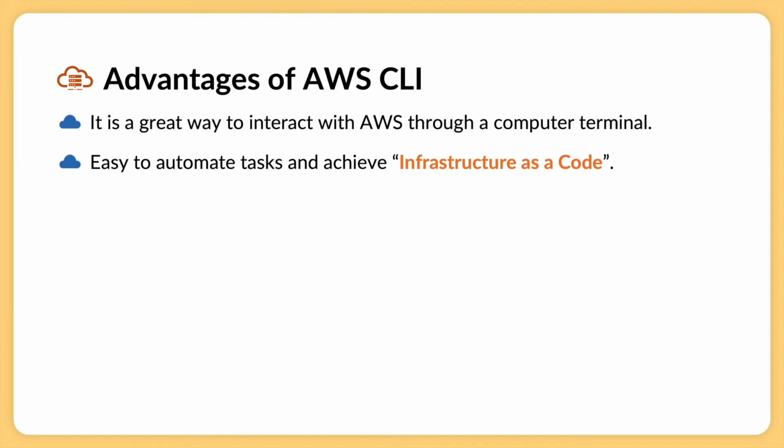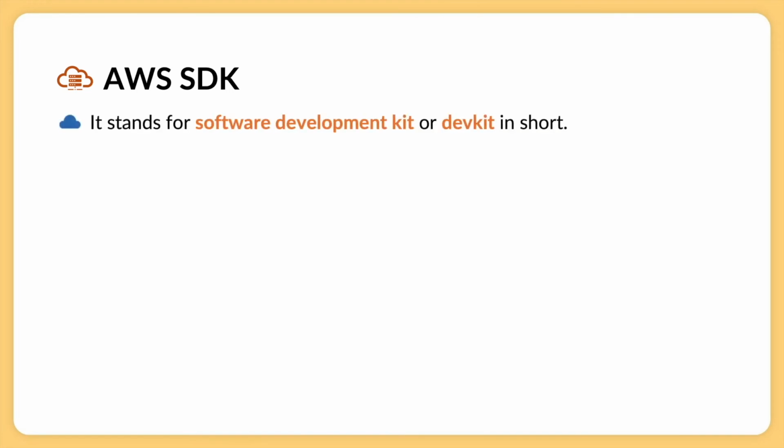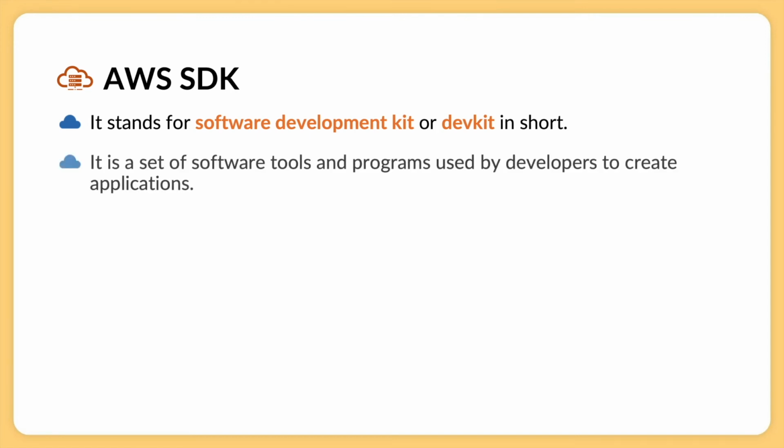Finally, we have the SDK. It stands for Software Development Kit or Dev Kit in short. As the name suggests, it's a set of software tools and programs used by developers to create applications. Now, if you are thinking that it's similar to AWS CLI, that's not true because you cannot use AWS SDK in your computer terminal.